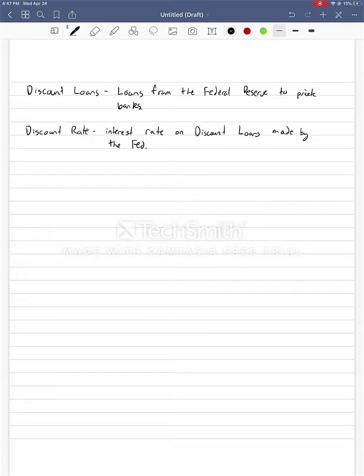Now, the Fed also serves as a regulator of individual banks. In this role, this includes the setting and monitoring of those reserve requirements, as we talked about earlier.